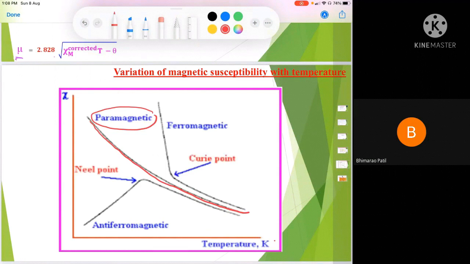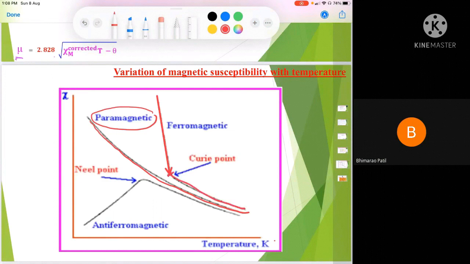If you measure the molar susceptibility of ferromagnetic substances with respect to temperature, it rapidly decreases with increasing temperature up to a particular temperature, and after that temperature it behaves like a paramagnetic material.